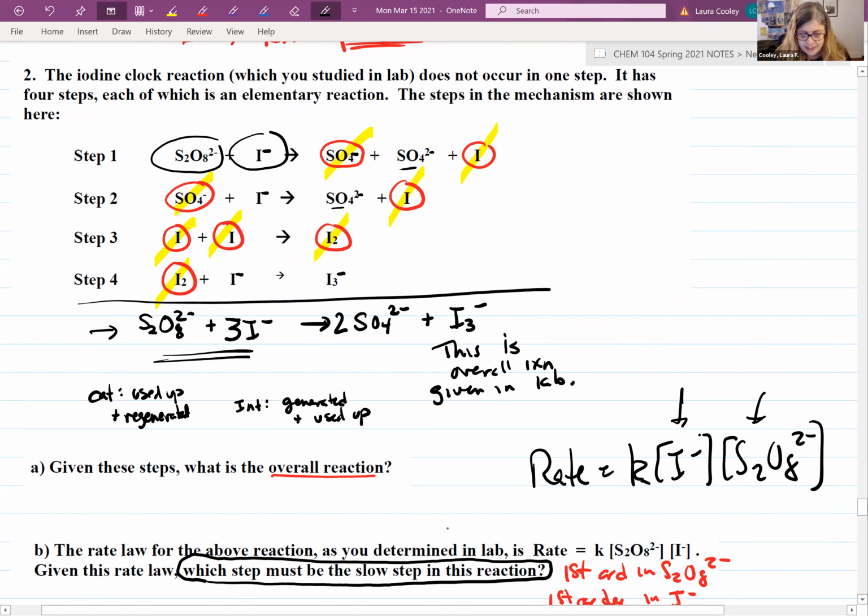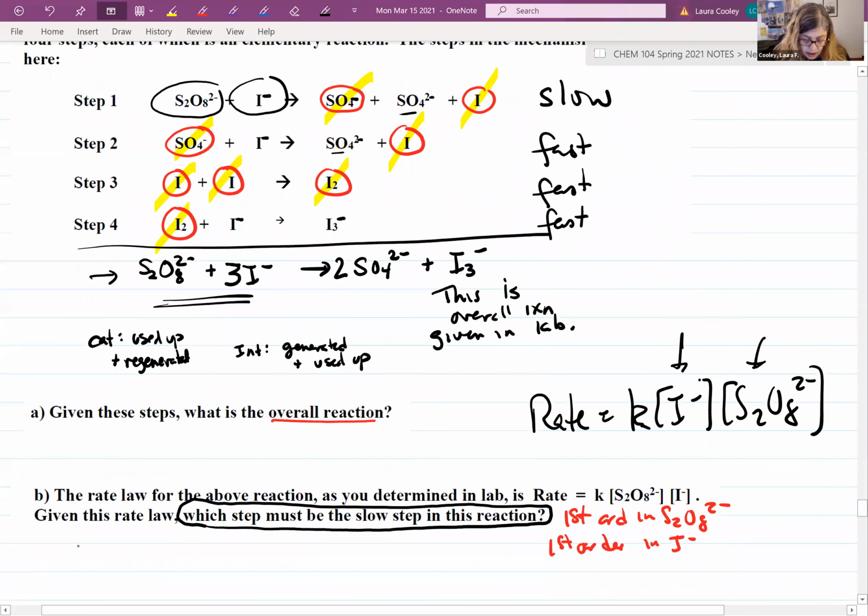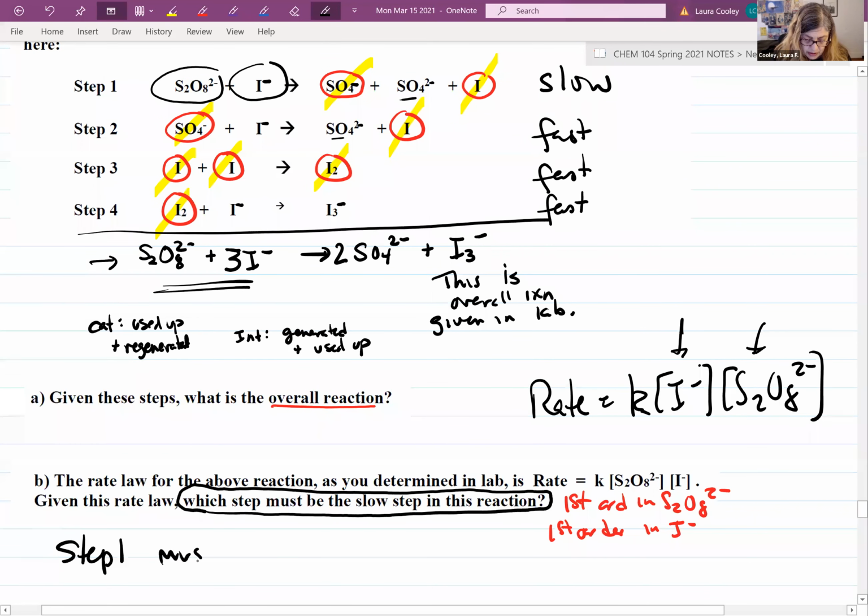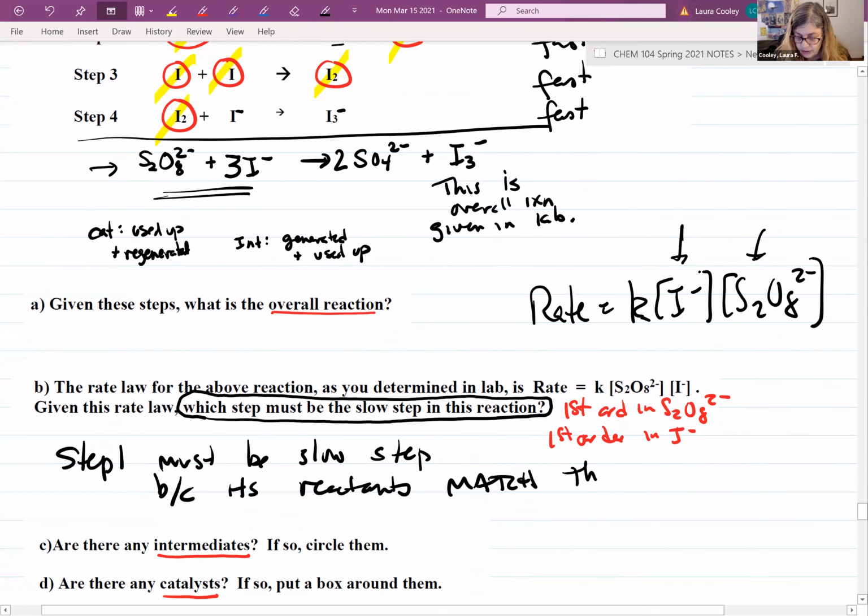Okay, they match. And so this must be the slow step, and all the other steps are faster. So we know that step 1 must be the slow step, and the reason is because its reactants match those in the rate law. And the slow step's rate law is the rate law for the overall reaction.